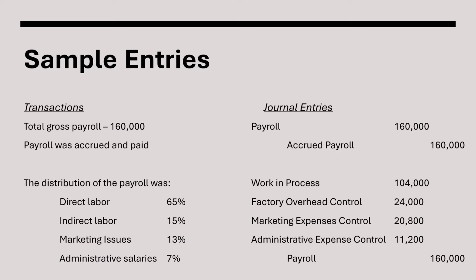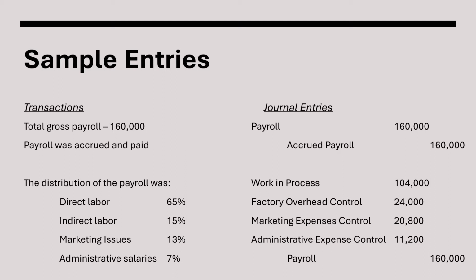Now, if the distribution for the payroll is already given, like in this case, direct labor is 65%, indirect labor is 15%, marketing is 13%, and administrative salaries is 7%, you multiply 160,000 by 65%, 15%, 13%, and 7% respectively. So direct labor is directly attributed to work in process.